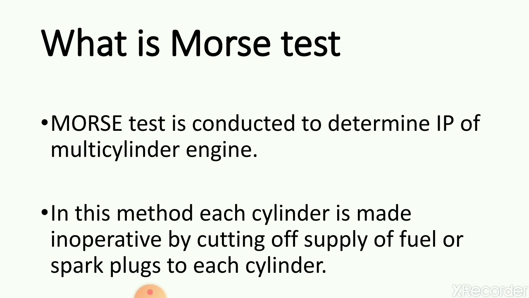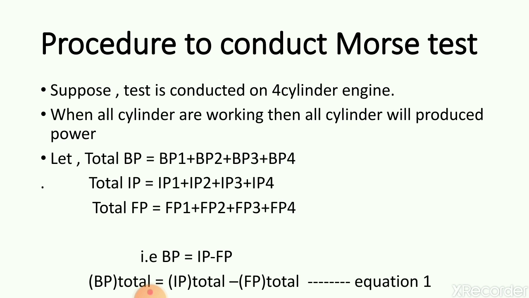If it is a diesel engine, then the fuel supply is cut off, or if it is a petrol engine, then the spark plug supply is cut off. So simply understand, this Morse test is conducted only for getting the indicated power, which is difficult to measure by any device. That's why we are here finding the indicated power theoretically.